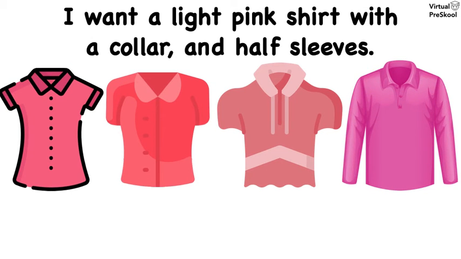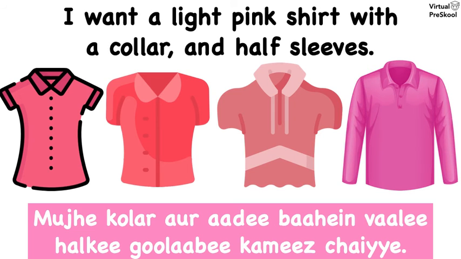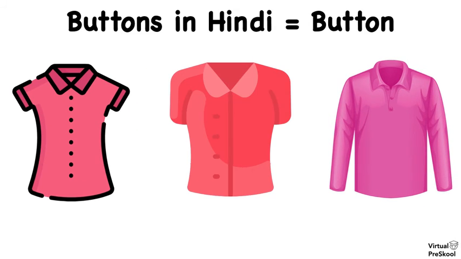Let's do another one. I want a light pink shirt with a collar and half sleeves. All right, let's take a look at the answer. मुझे कॉलर और आधी बाहें वाली हल्की गुलाबी कमीज चाहिए.